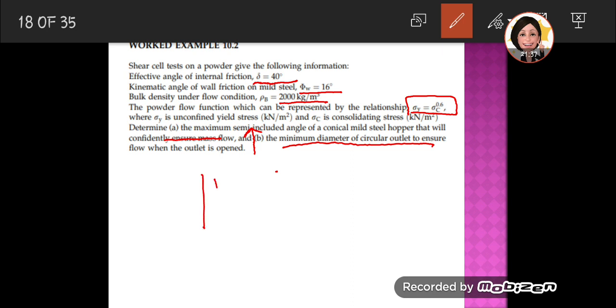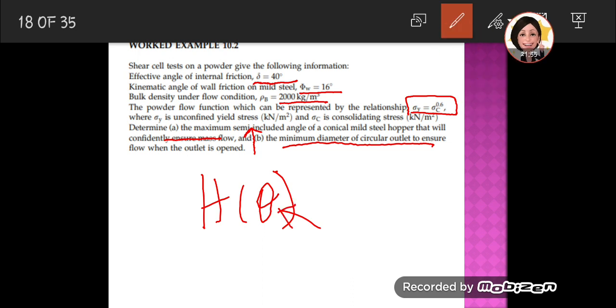This is actually the h theta. So we are going to find this theta value, and then we are going to solve for the minimum diameter of the circular outlet.